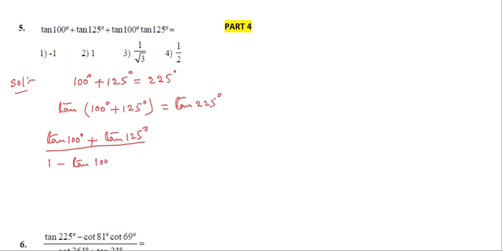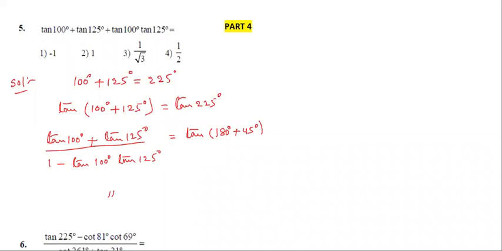Students, did all of you understand how I am applying the formula? But in the right hand side, 225 is there. Students, how to write 225? 180 plus 45 or 270 minus 45. Both are correct.